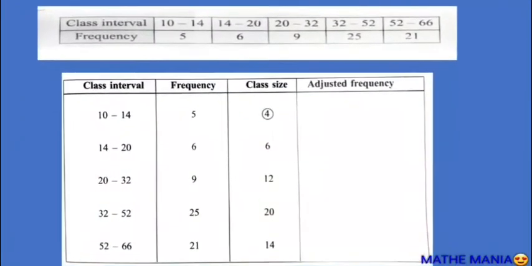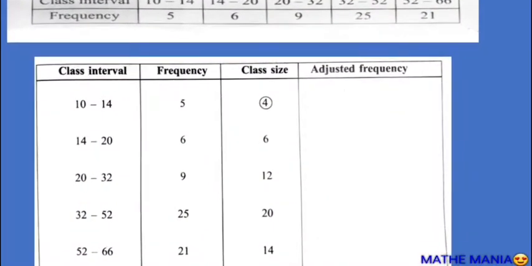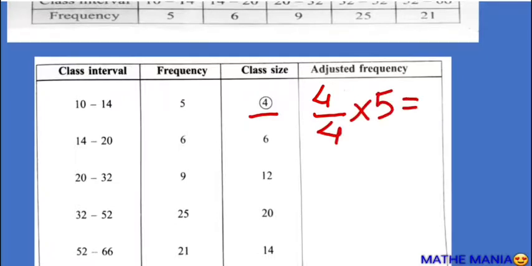So we will find the class size of each interval, and after finding the class sizes, we will take the smallest class size here, which is 4 in this case. Now to find out the adjusted frequency of various classes, we will divide the smallest class size by the class size of that interval and multiply it by the frequency.